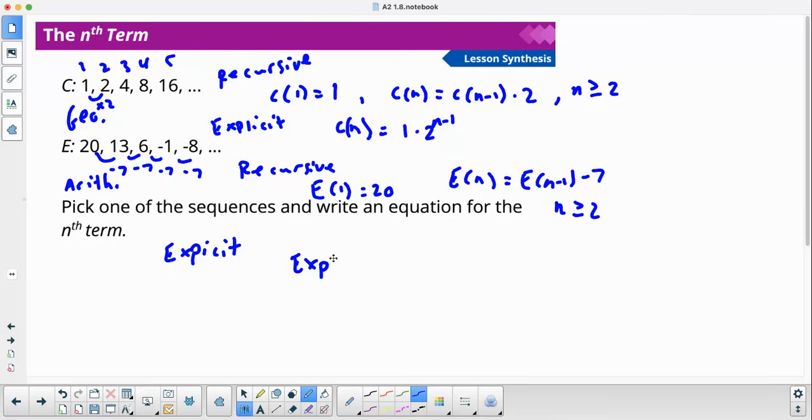Now if I want to find my explicit, I'm going to do repeated subtraction, so that's going to turn into multiplication. So if I wanted to find the nth term, I start with 20, and I'm going to subtract 7 n times.